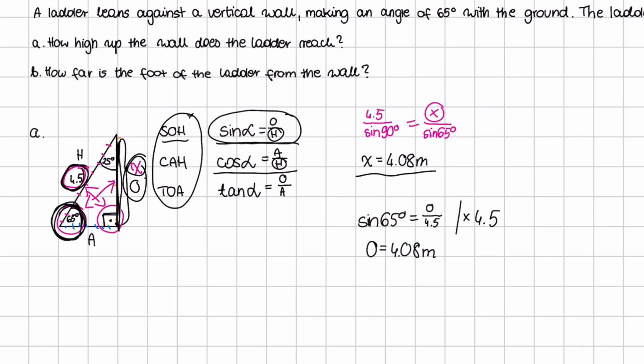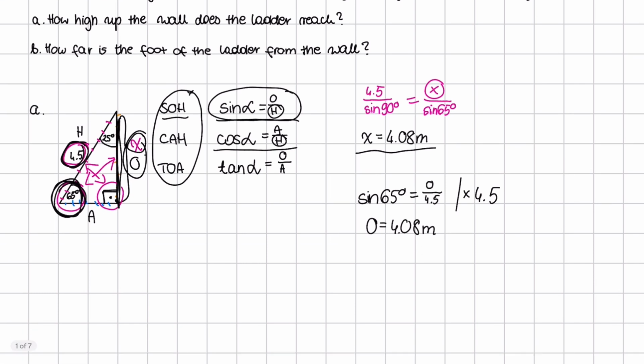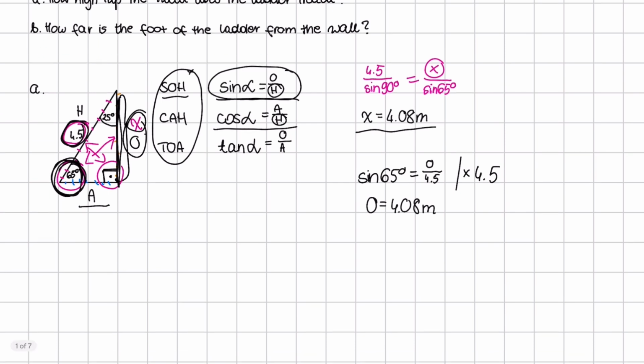And B, how far is the foot of the ladder from the wall? So basically we have to calculate this distance, our adjacent, and once again we can use any way that you want.